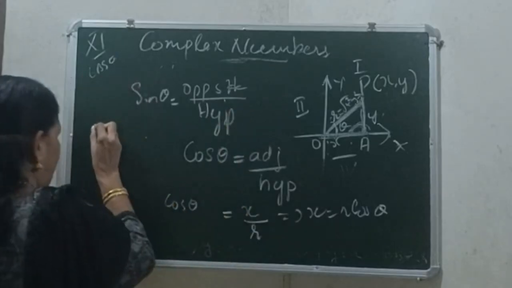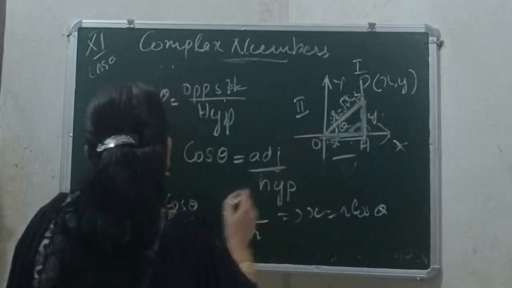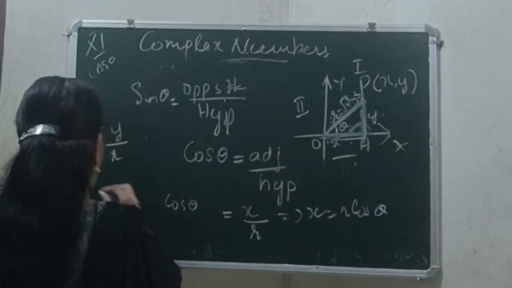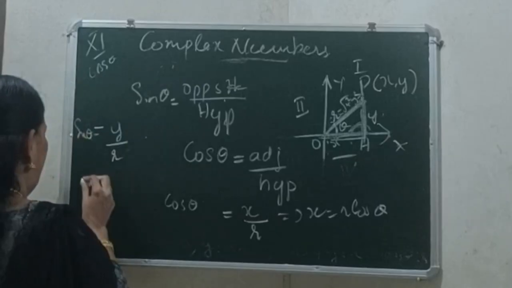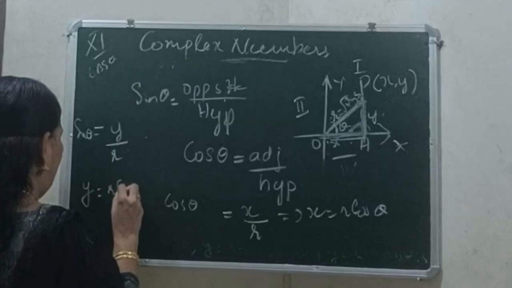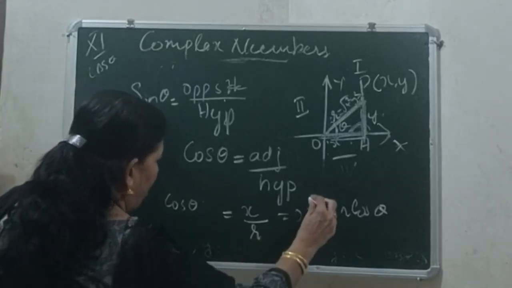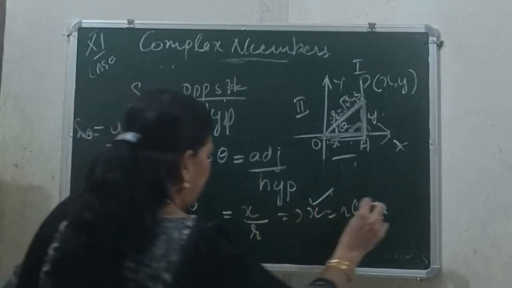The opposite side is the y length, y divided by r. Sin theta equals y by r. Cross multiplying, we get y equal to r sin theta. x equal to r cos theta and y equal to r sin theta, equation 1 and equation 2.